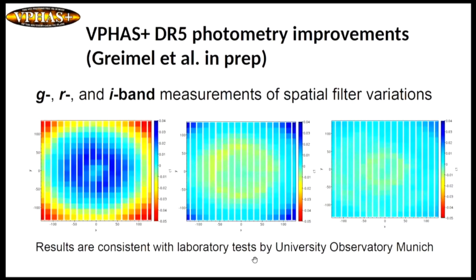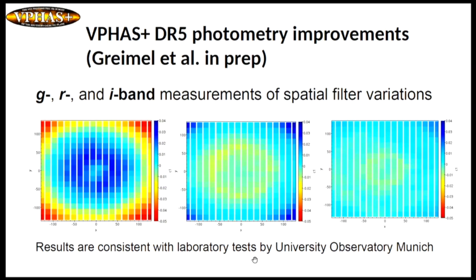And you can see that the new calibration is going so well that it's also possible to map again these variations of the filters as a function of position on the CCD. And so you can see here these differences for the G band, the R band, and the I band expressed as color-coded. And these numbers represent 10 millimag, for instance, 20 millimag.